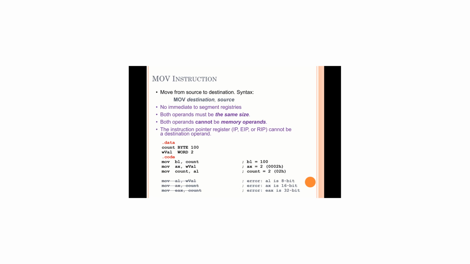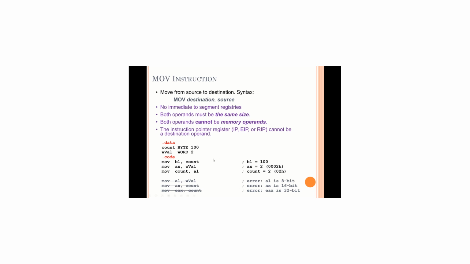That is done by the CPU, by the system. And so the user programs are not allowed to change them. They are changed by the system. Okay, so those are the rules for move.